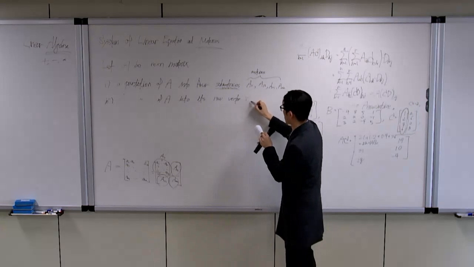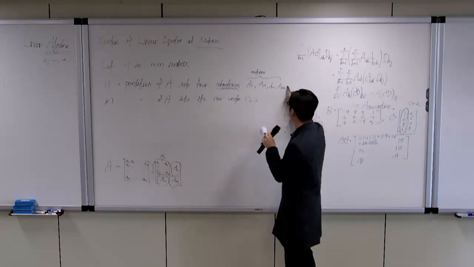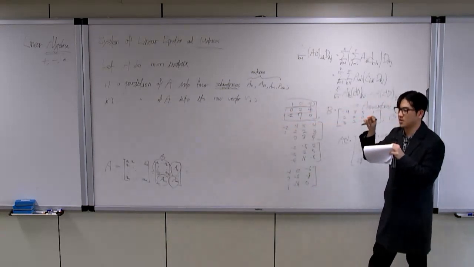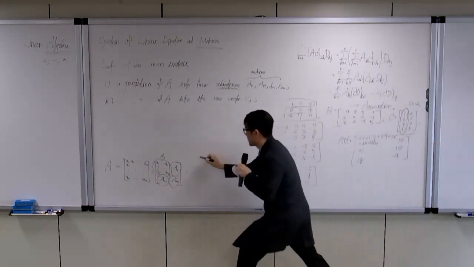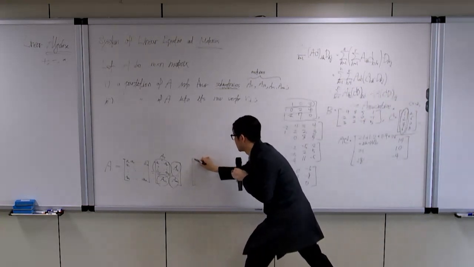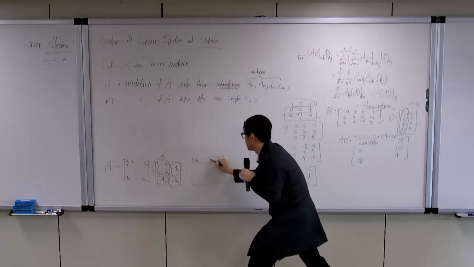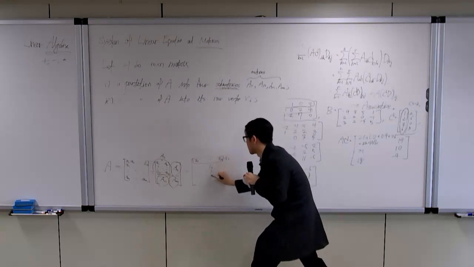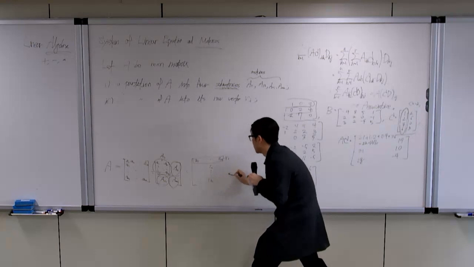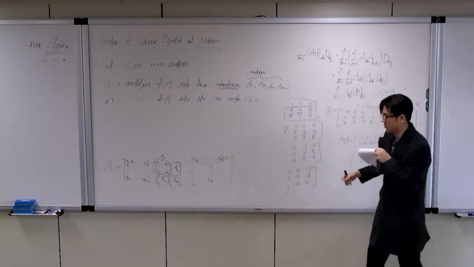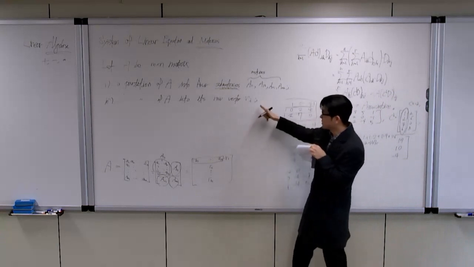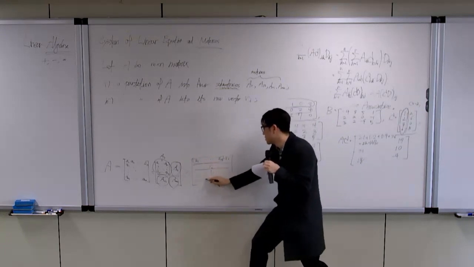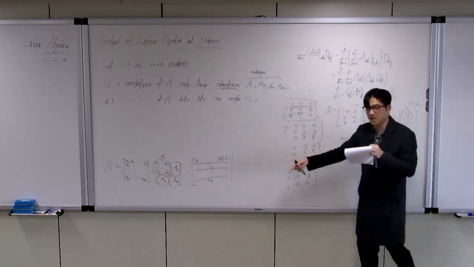Row vectors then mean it divides as the rows of A. So A11 to A1n is the first row, then the second row, and so on up to all m rows. So we can divide the matrix like this using the rows of A.